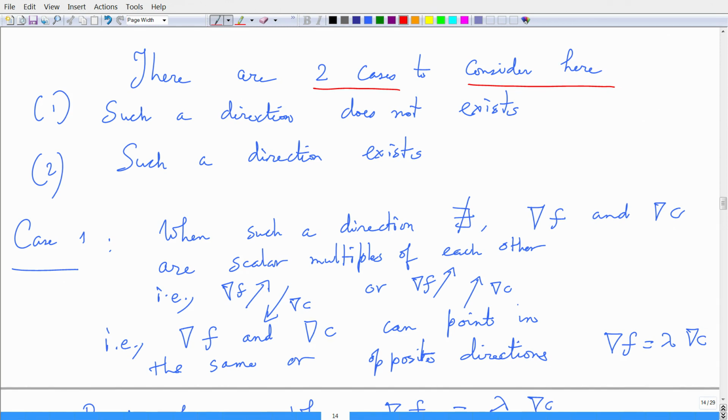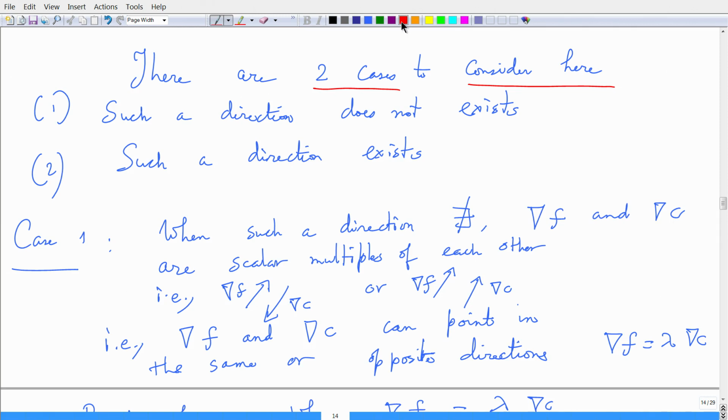So let us look into case 1. When such a direction does not exist, that means I am somewhere at the saddle point. Del F and del C are scalar multiples of each other. That means they can be aligned in the same direction or in opposite directions.